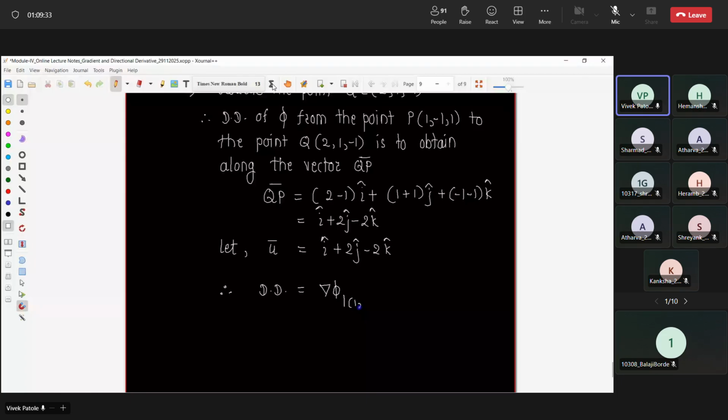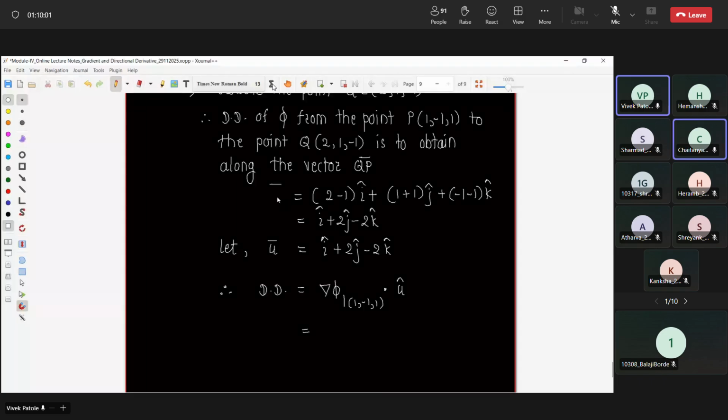Sir, I have a doubt. While calculating the vector, we used to do final minus initial, that is Q minus P. So you did initial minus final. Fine, fine. So PQ bar, I have to write. I have written QP bar.